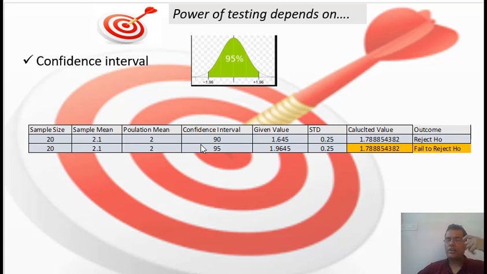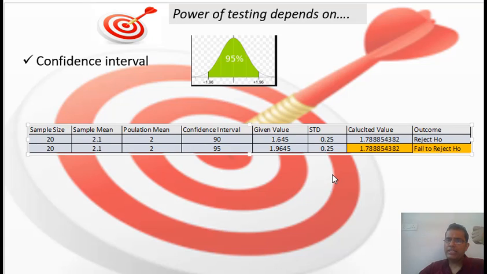So from 1.645, it changes to 1.9645. You can see that calculated value is still same, but now the comparison has changed. Previously you had to compare with 1.645, now you need to compare with 1.9645. When you are comparing with 1.645, you are rejecting the null. But when you are comparing with 1.9645, you fail to reject the null, or basically you are accepting it.